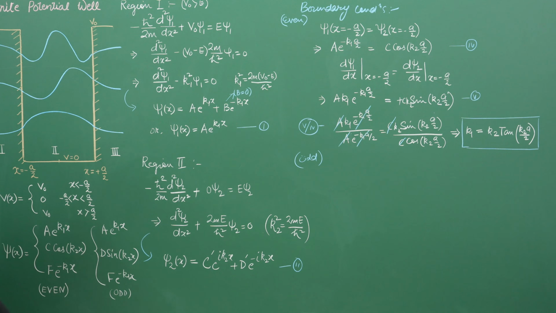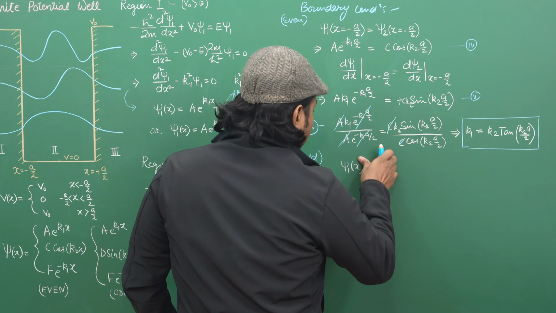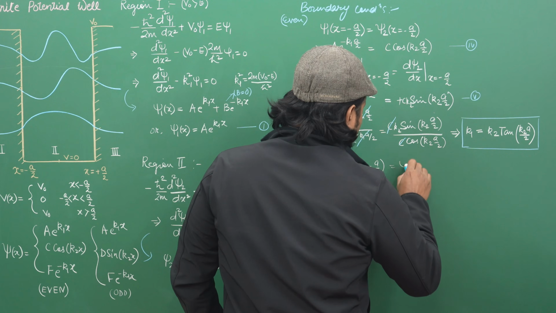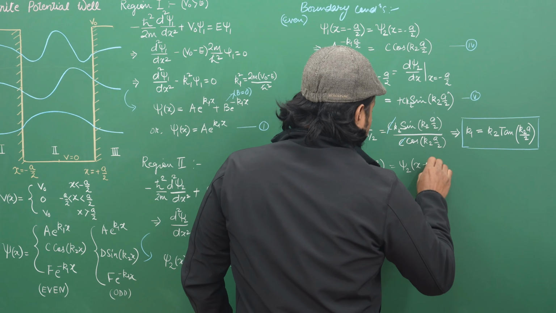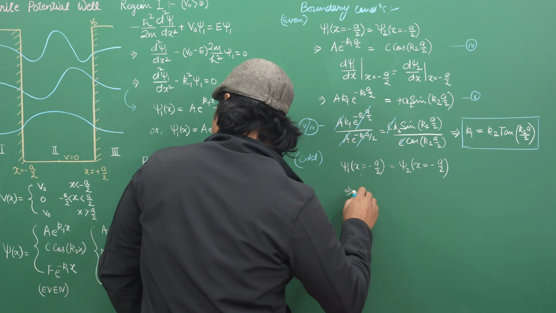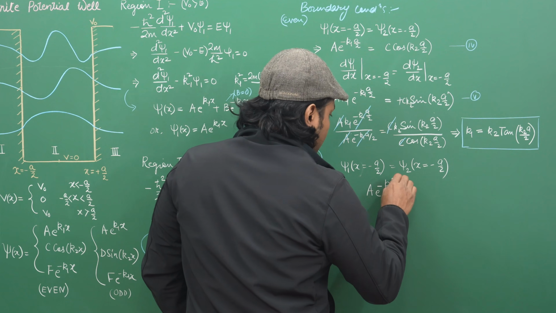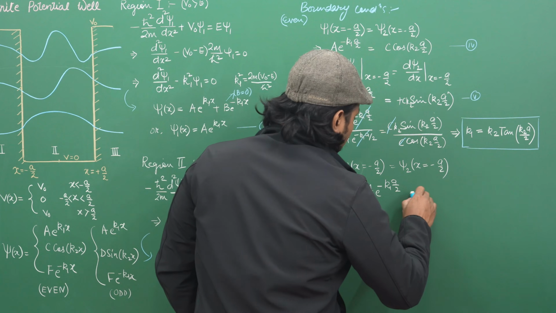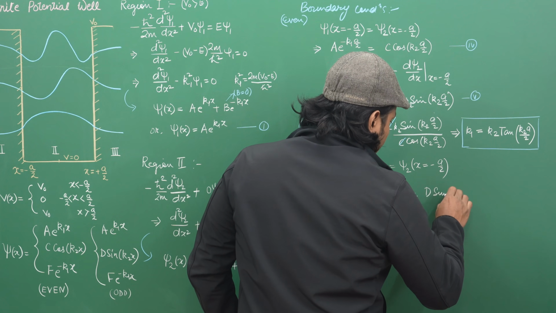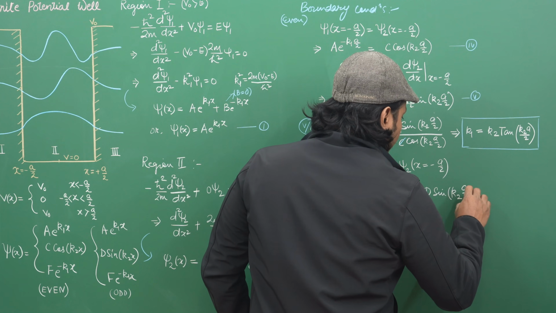So in the case of the odd solutions, I again want to apply the boundary condition that psi 1 x at minus a by 2 is equal to psi 2 x at minus a by 2. So this leads to A e to the power minus k1 a by 2 is equal to, so this is D sine, capital D sine, and we have k2 minus a by 2.